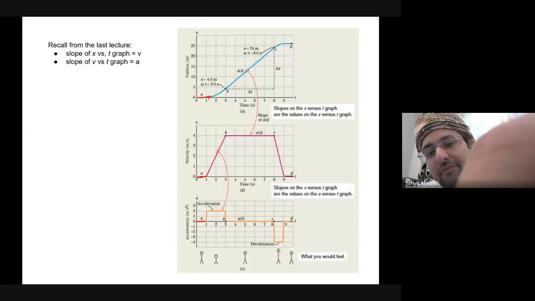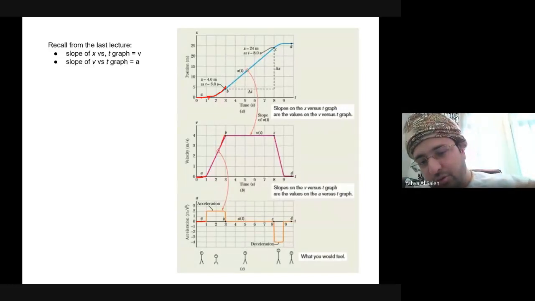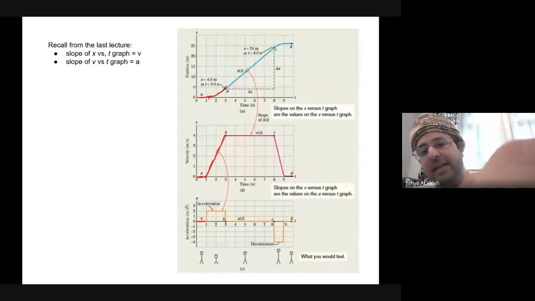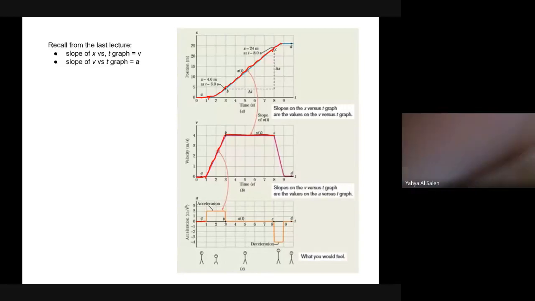Then we have an increasing line for position, which gives us a different value for slope at each and every spot, which gives us different values of velocity. Then we have a straight line in position, which gives us a straight line in velocity, and then everything goes in reverse again.